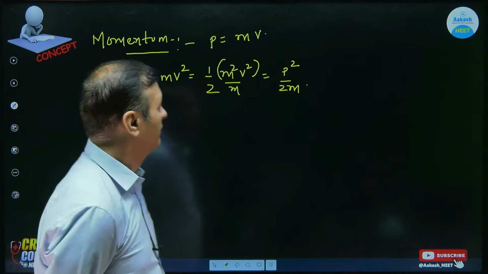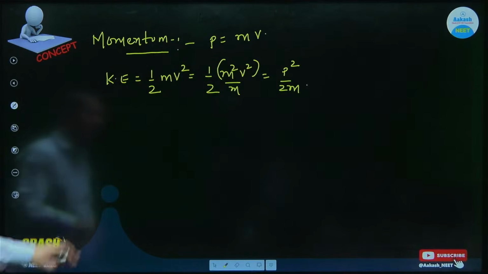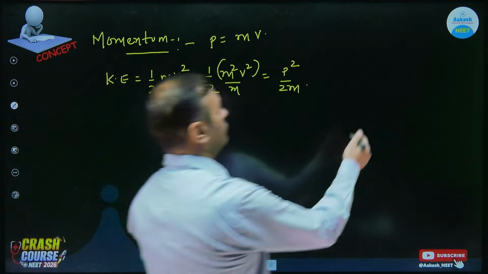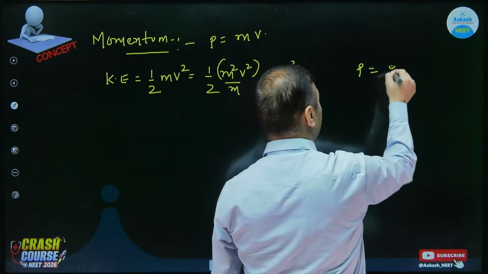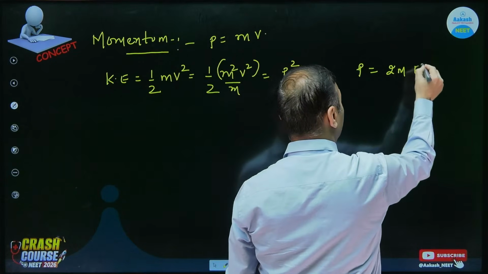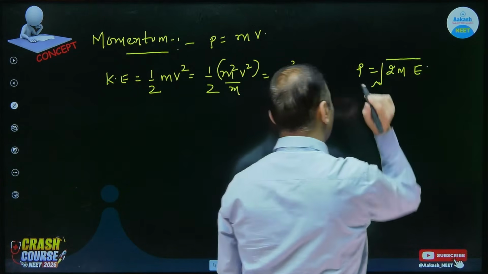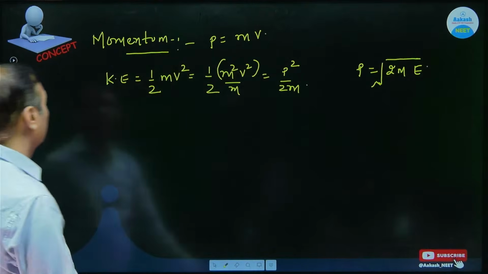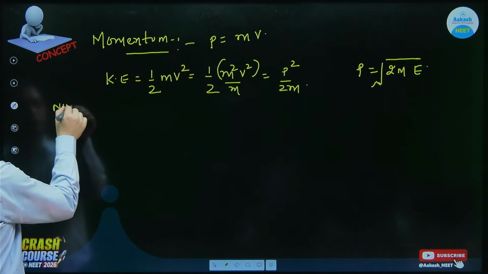Now we have a very few questions based on these two relations, kinetic energy and momentum. So momentum can also be written as the square root of 2m times kinetic energy. So let's pick one numerical.